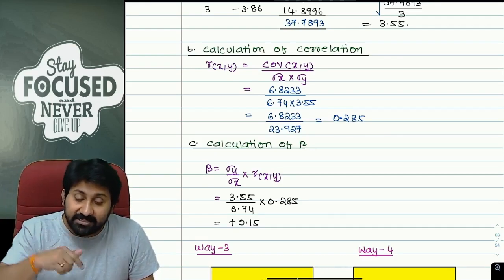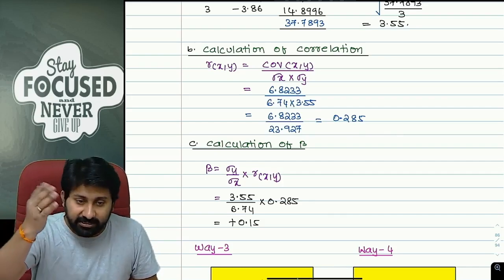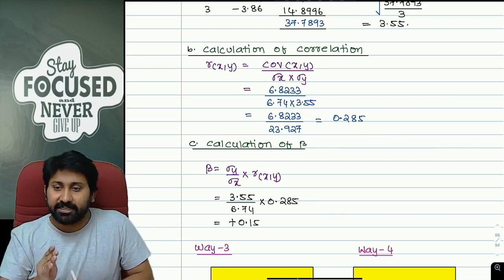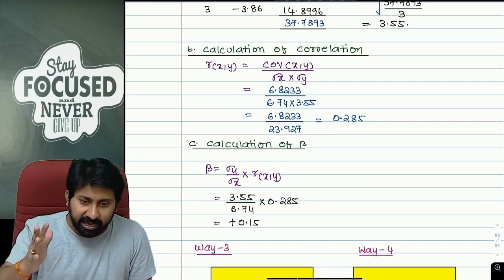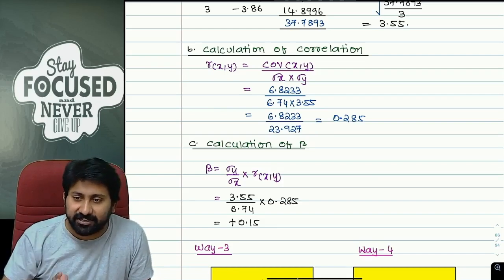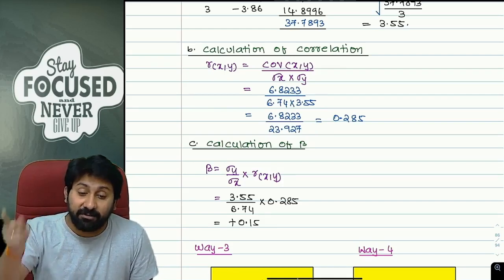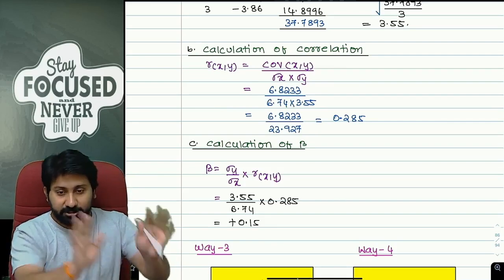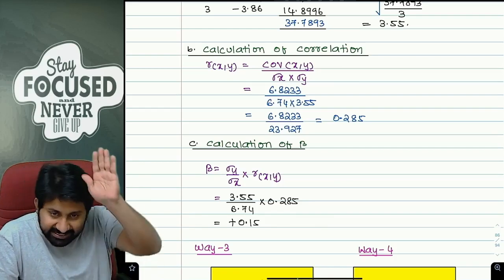How many times is this relationship true? Market increases, security also increases; market decreases, security also decreases. Does it mean that 100 times out of 100, whenever the market increases, the security also increases? No. In 28.5 times out of every 100, this relationship is true. Does it mean when the market increases, the security will necessarily increase?